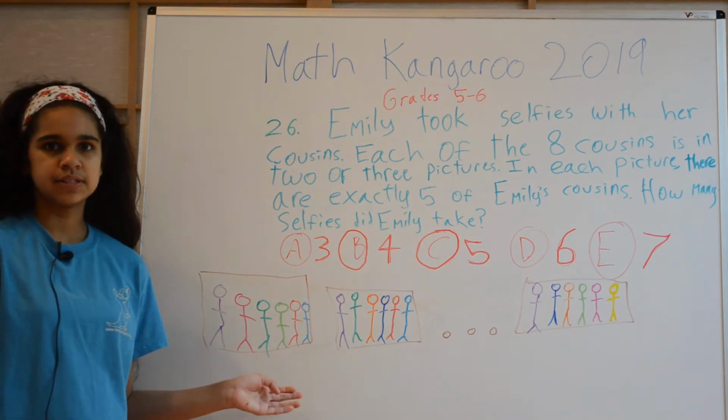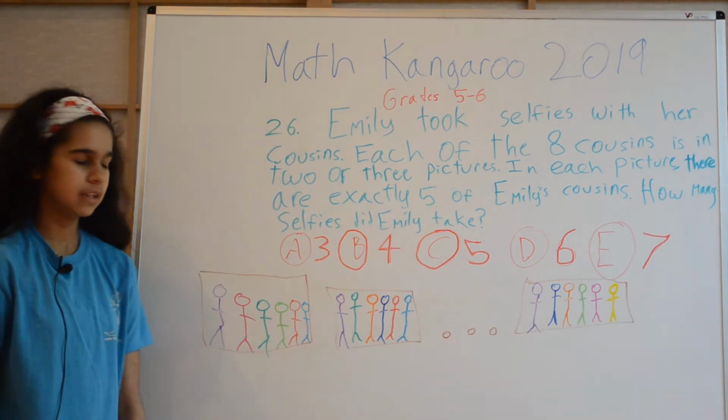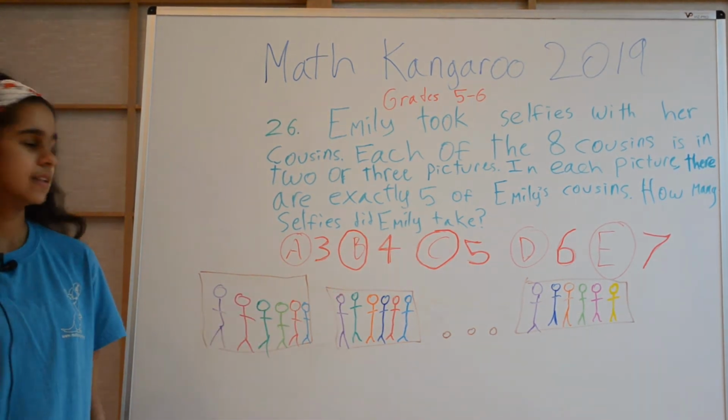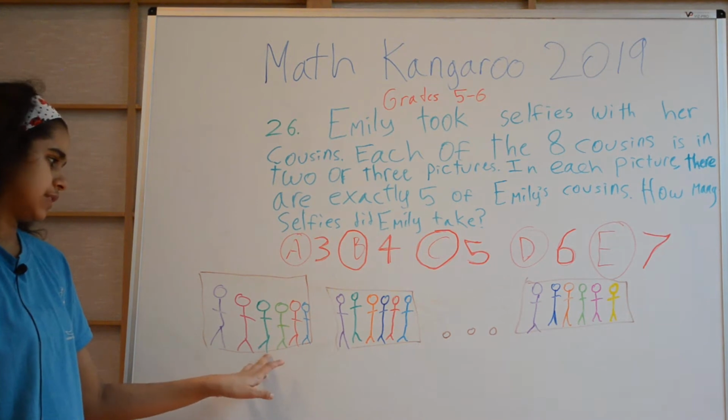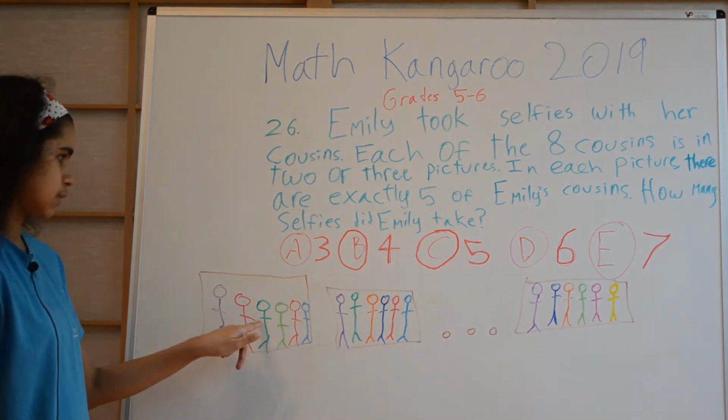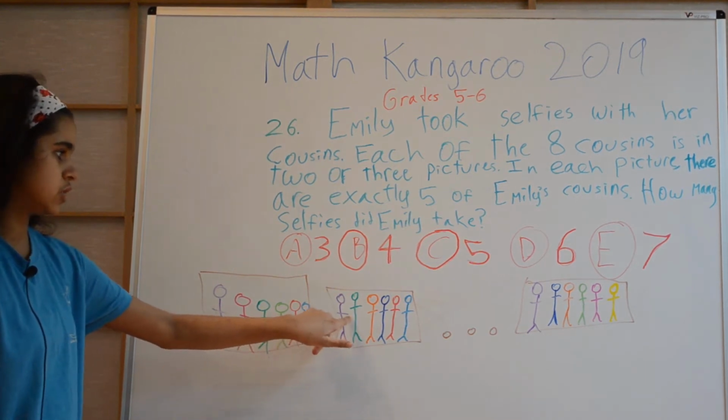So here I drew some examples of what the selfies might look like. Here we have Emily, and Emily is going to be in all of them because she's the one taking the selfie. And then there'll be 5 different cousins, and it's random who the cousins are. But if we look at this green one, for example, the green one is in 2 pictures here.